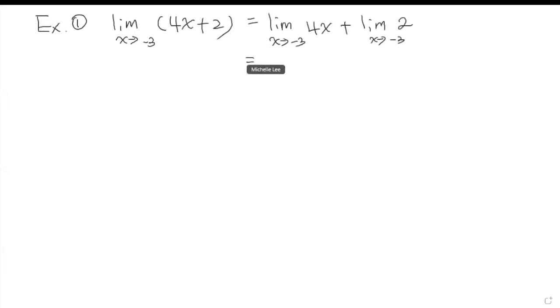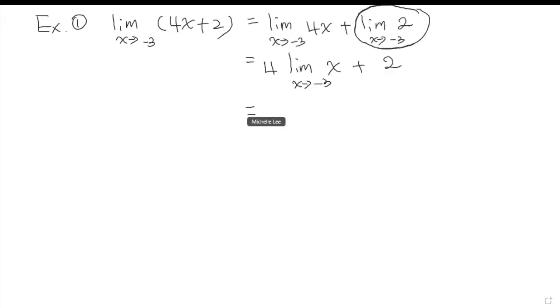All right. So look at this one. x approaches -3. Then we can plug in. Your book indicates that for the coefficient constant, we take it out. So what is this? When x approaches -3, the limit of 2 is? 2. Thank you.